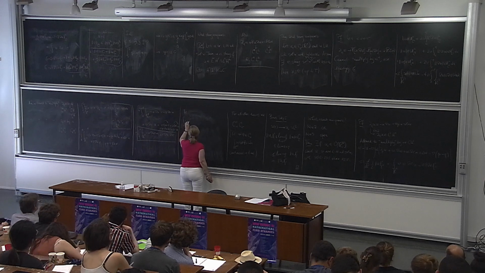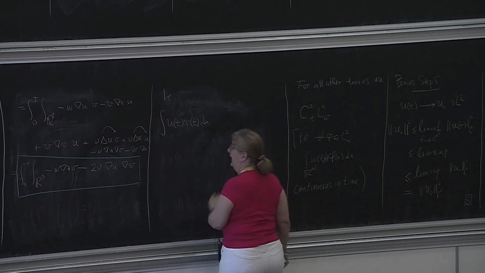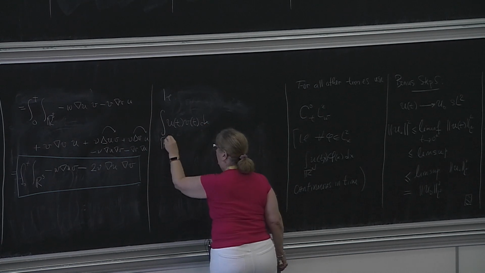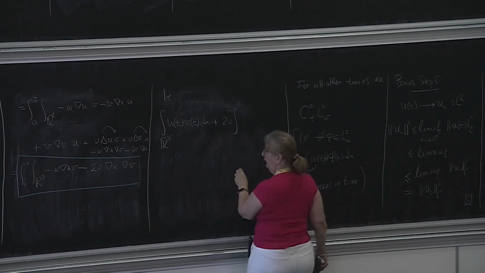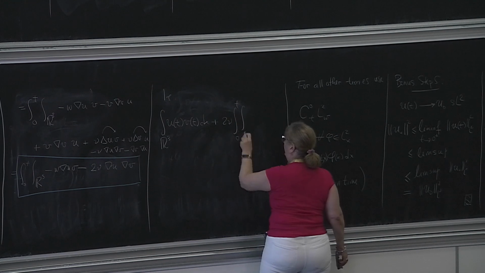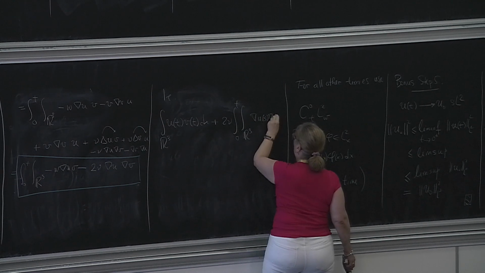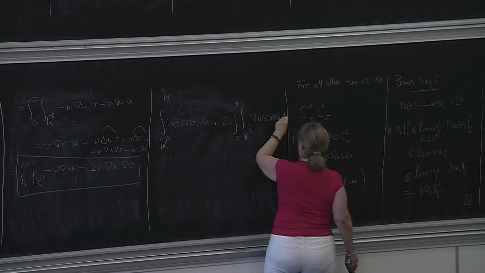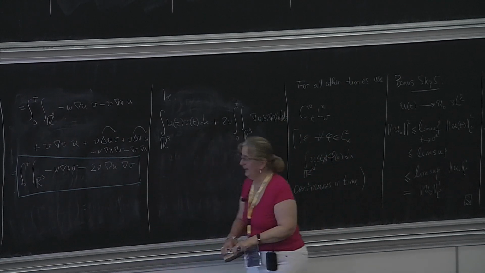of u at time t, v at time t, dx in R3 plus 2 nu integral 0 to t integral in R3 of gradient of u, gradient of v, dx ds, and I put this term on the other side.